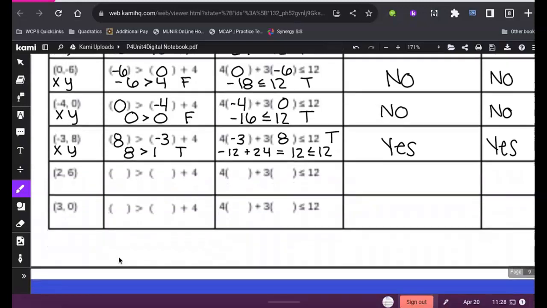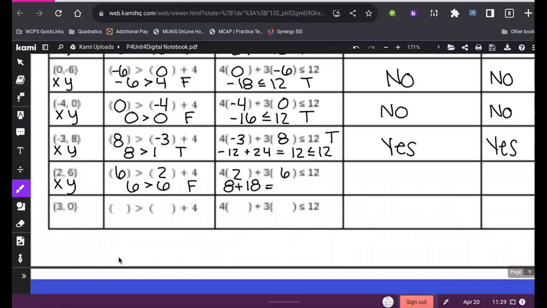This time we'll use 2 for x and 6 for y. So we have 6 is greater than 2 plus 4. Which 6 is not greater than 6. 6 is actually equal to 6. So this one is false. Plug in 2 for x and 6 for y. 4 times 2 is 8. 3 times 6 is 18.